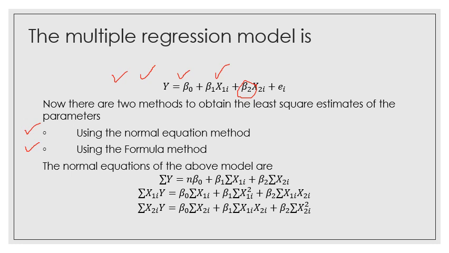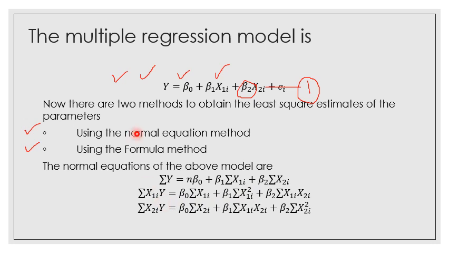It is very simple. First, we multiply the main model, which is this one, number one, by summation on both sides. So we will get summation y equals n beta naught plus beta 1 summation x1 i plus beta 2 summation x2 i.